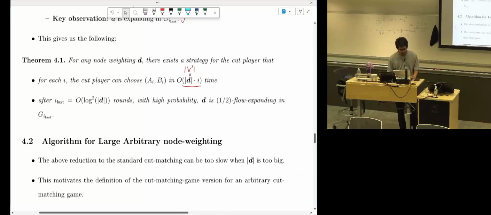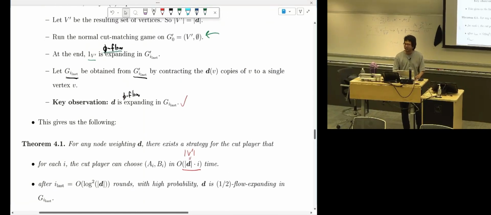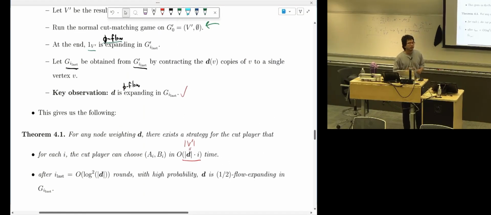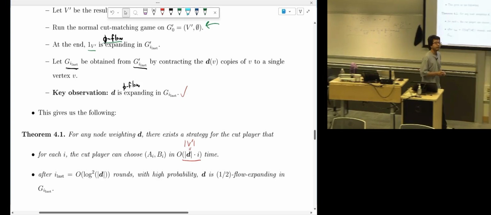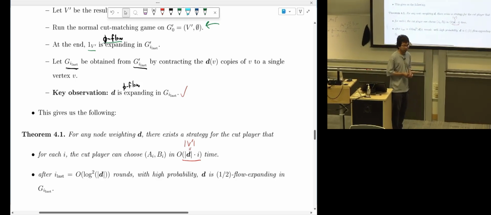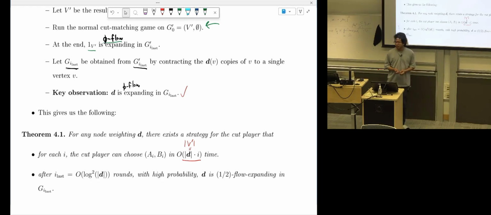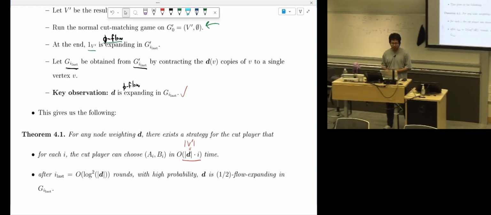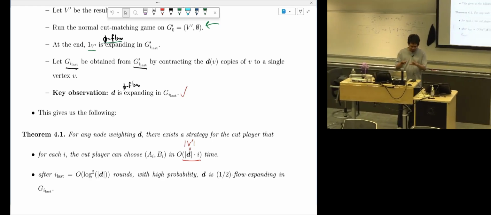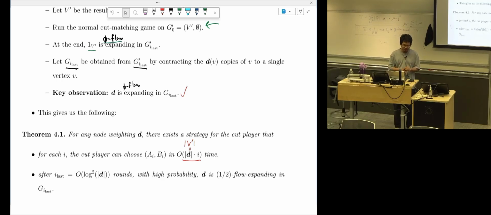However, any question up to this point? You said before that the node weighting D is only an integral node weighting. Would it be possible to generalize to real numbers? With this reduction, it just works for integral ones.